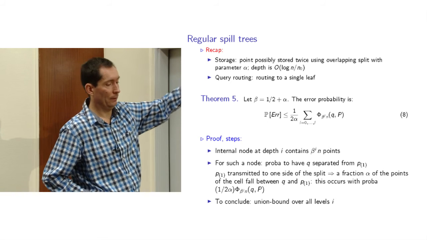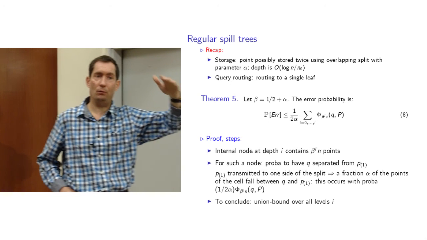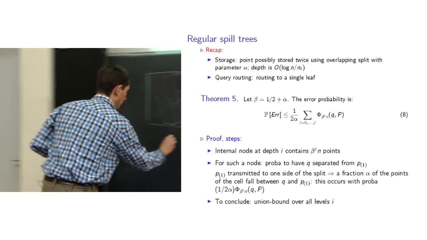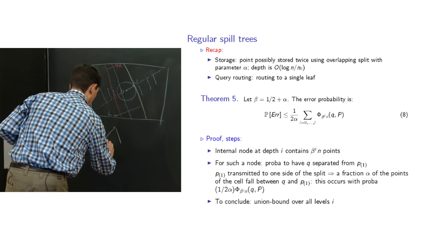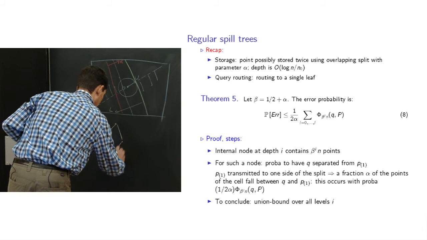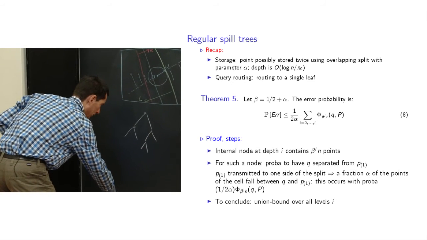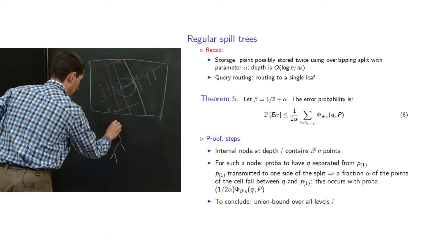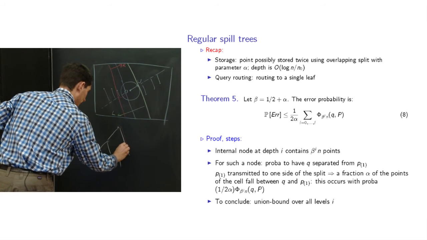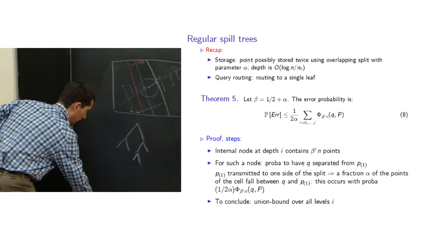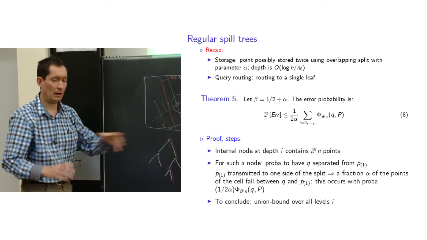Of course, this is the error we are talking about when we are running the defeatist search. Remember, we have a tree, a binary tree, and so on and so forth. If I'm routing my query following this path, when am I going to fail?